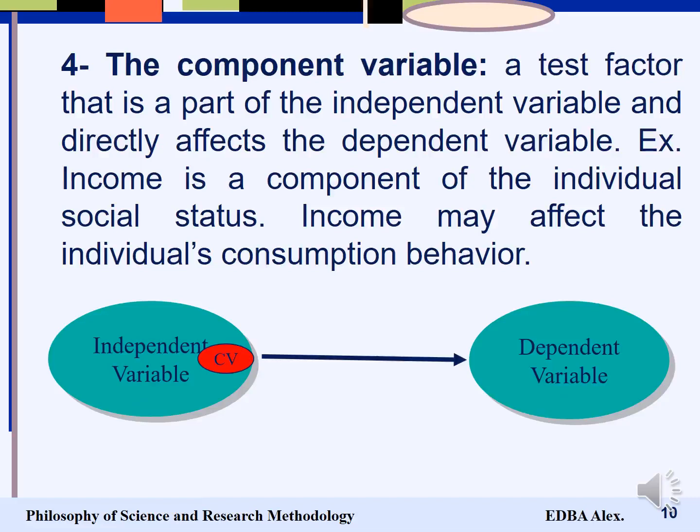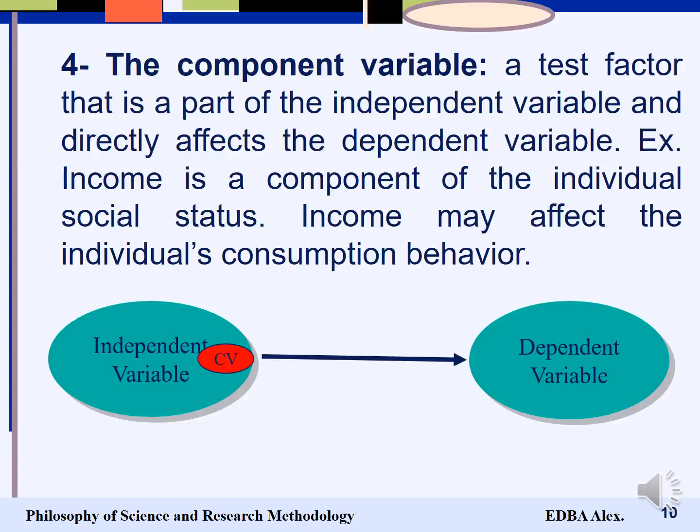The fourth variable in this group is called the component variable. A component variable is a test factor that is a part of the independent variable and directly affects the dependent variable. Look at these two green circles, with the independent variable and the dependent variable.